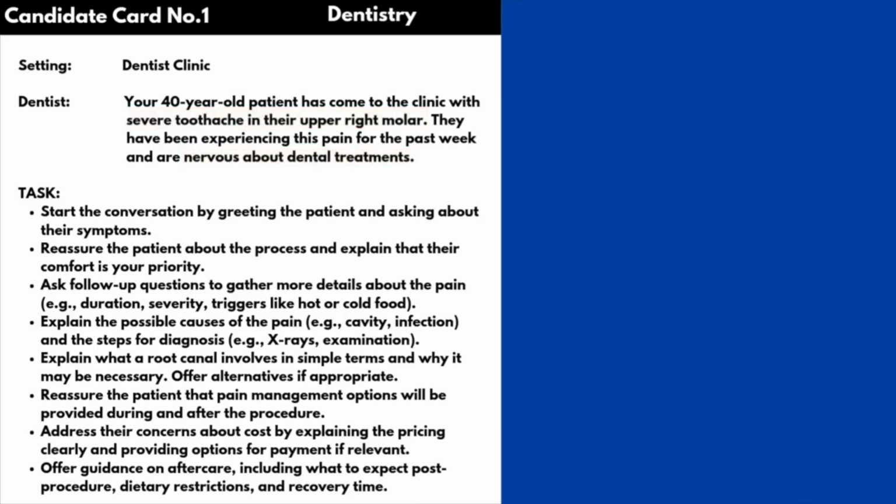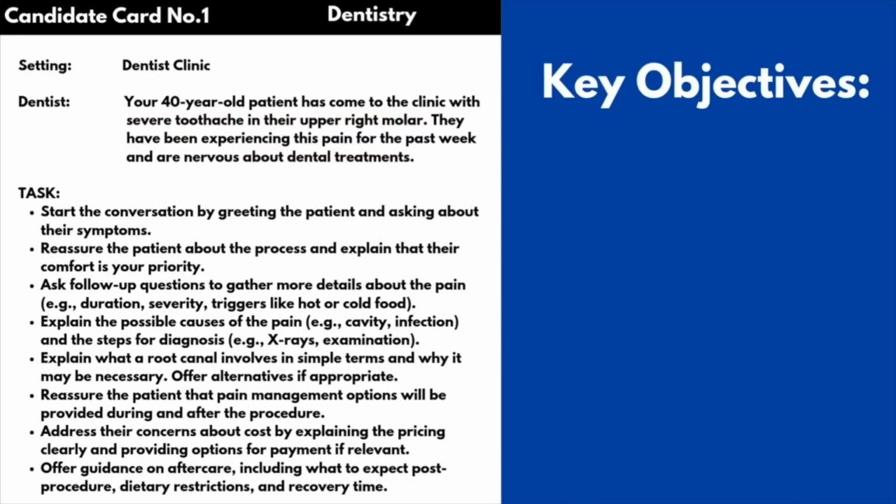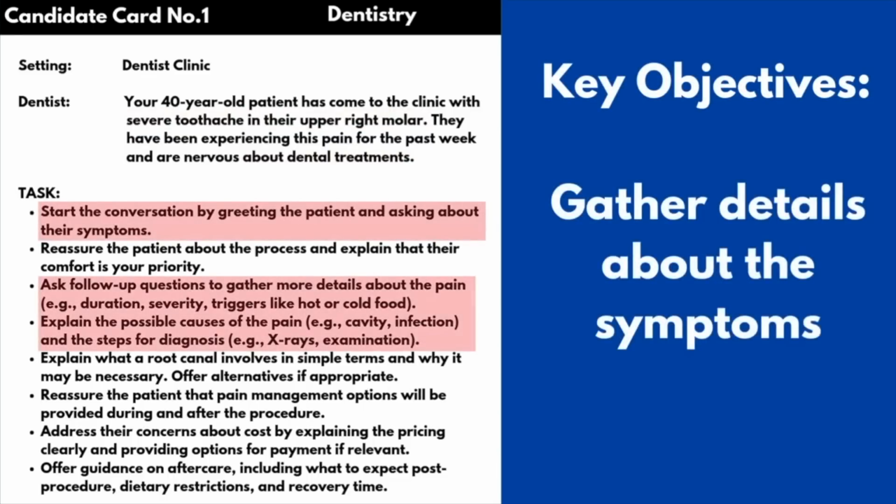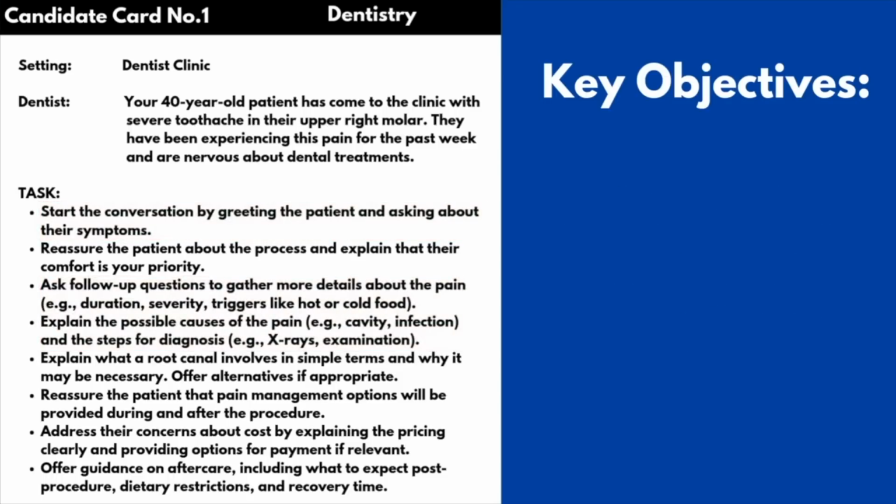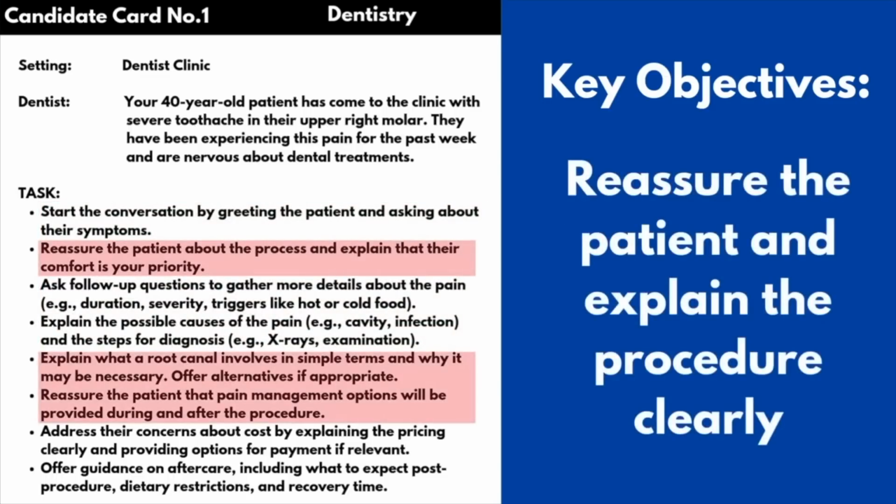The task list provides you with everything you need to approach the conversation. What is clear straight away is that you should begin with a focus on gathering information from the beginning. I'll show you phrases for this in a moment. Then it's all about communicating diagnosis and treatment with the patient, with the context of their concerns being fully addressed.